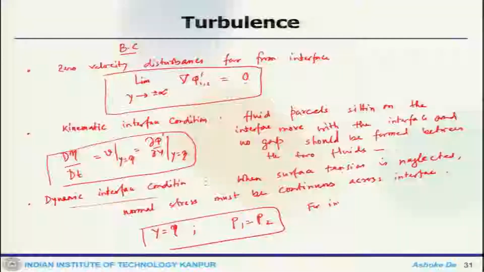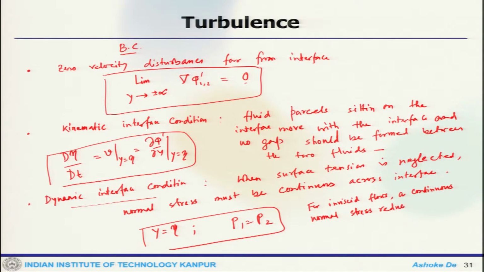Now, for inviscid flows, a continuous normal stress reduces to a continuous pressure across the interface.